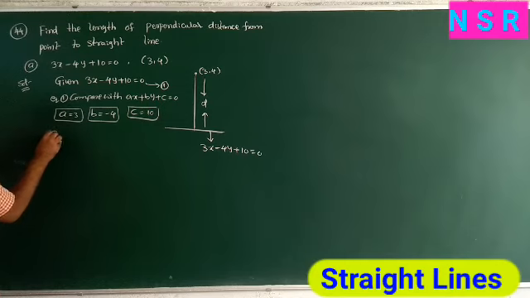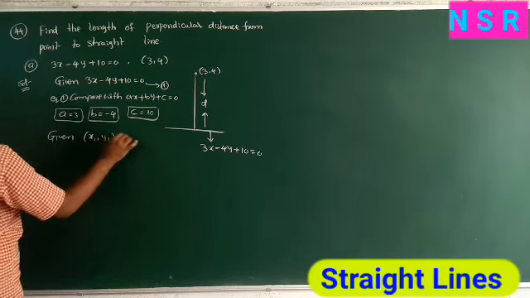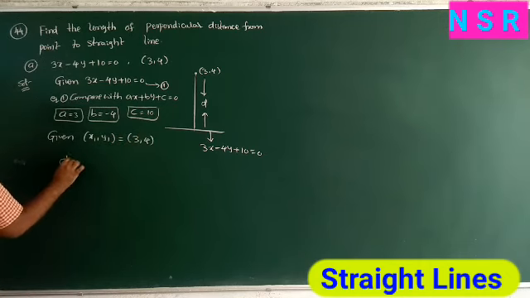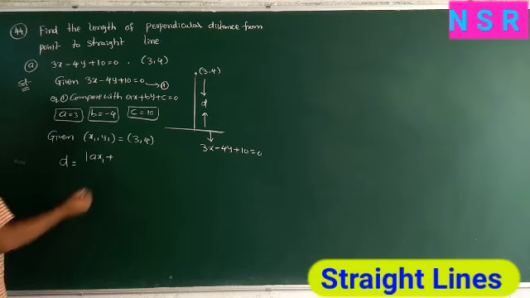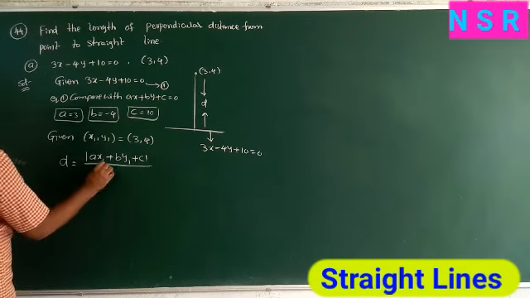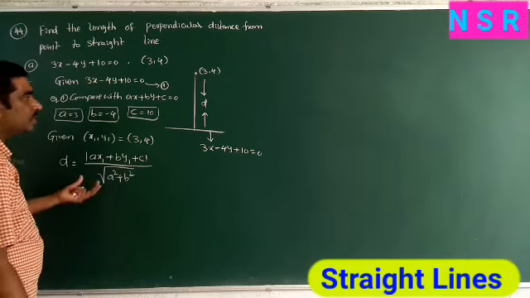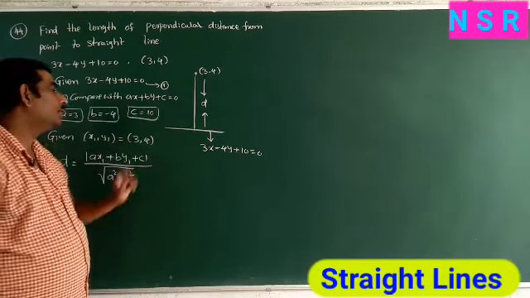Also given point (x1, y1) = (3, 4). The formula is d equal to mod of ax1 + by1 + c by square root of a square plus b square. So this is the formula of perpendicular distance from point to line.